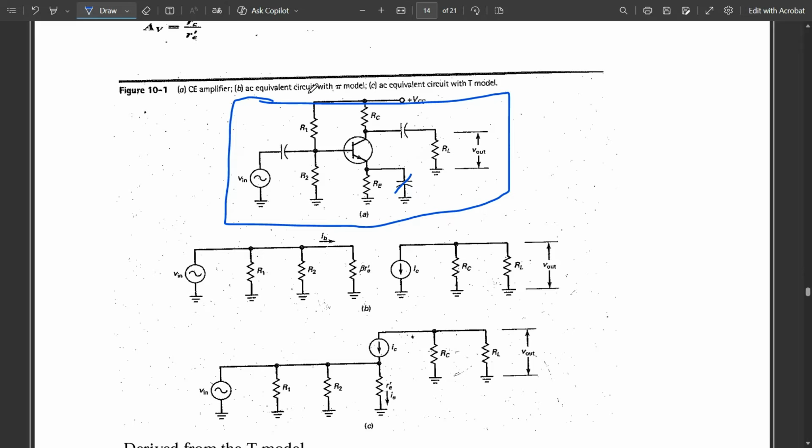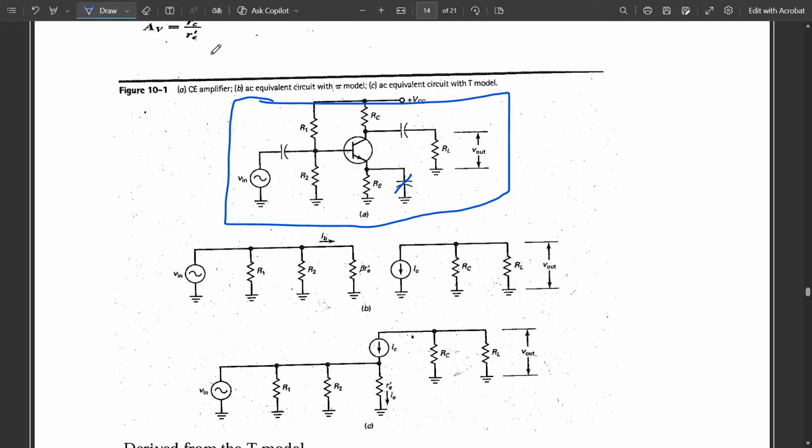As the name suggests, common emitter, the emitter resistance would be there, and in the presence of emitter resistance only this capacitor comes into the picture, so there won't be any bypassing taking place. So this is not the bypass capacitor. In this case, you could consider this as a coupling capacitor. That's one change between the VDB and CE amplifier if you compare them.